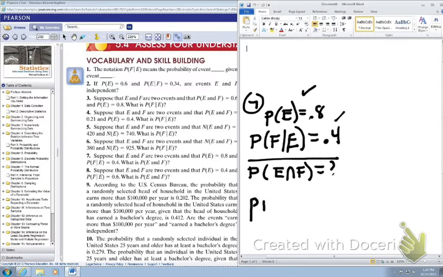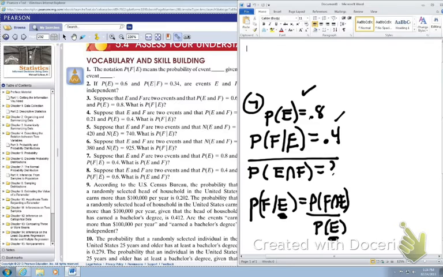So we know the probability of F given E is equal to the probability of F intersect E, or E intersect F, you could say it either way, divided by the probability of E alone. The main thing is, notice that whatever's after the slash in the given is the thing that's in the denominator. Notice that.